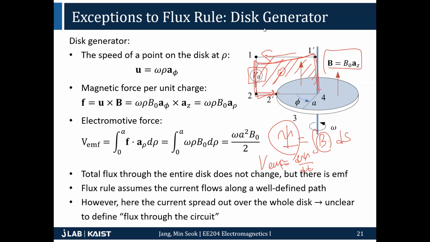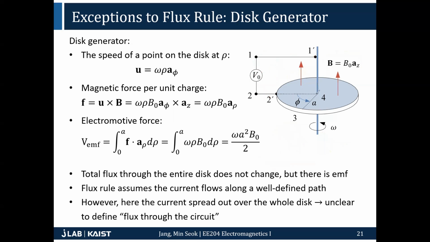And in this case, what is more confusing is that from here to here, current can go anywhere. So current never goes in just one manner. It can go this way, this way, this way, this way, in a very diverse way.